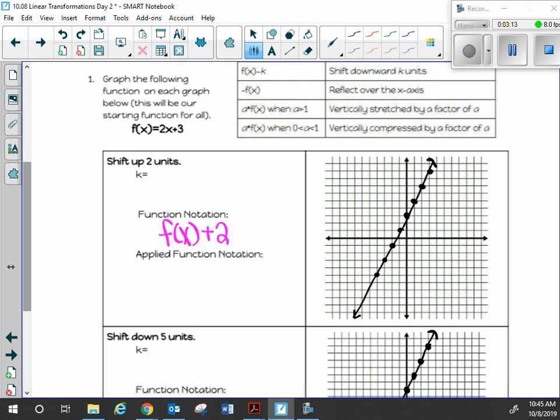But for us, I'm going to replace f of x with 2x plus 3, and then I'm going to add 2 to the whole thing. So then what's my new linear equation? 2x plus 5. That's true.